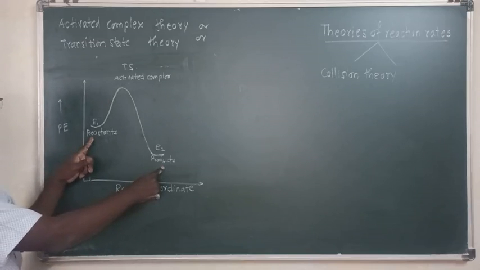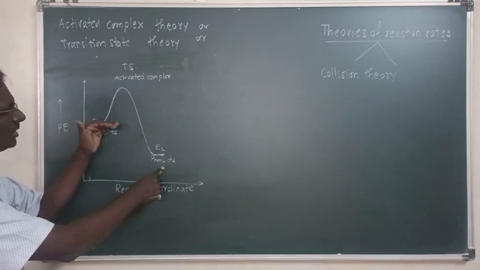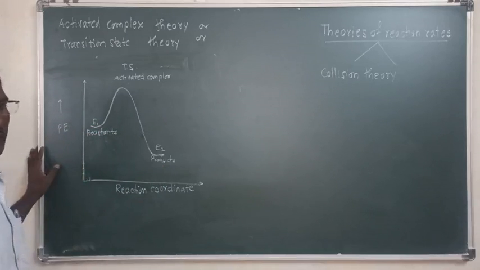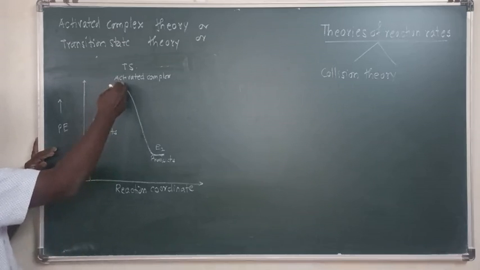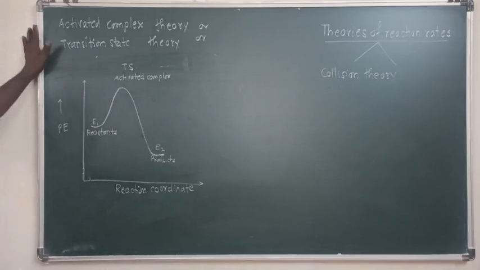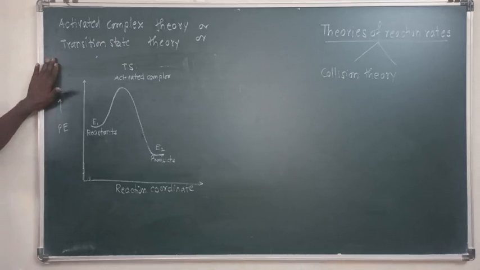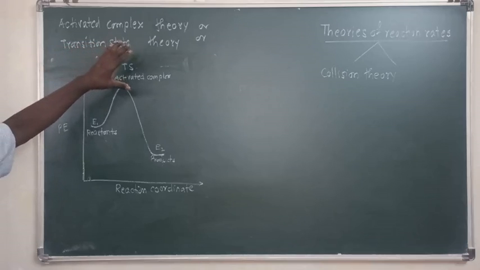Due to this higher energy it is unstable and has a very short lifetime, a very short existence. For this reason, this theory is called activated complex theory or transition state theory.